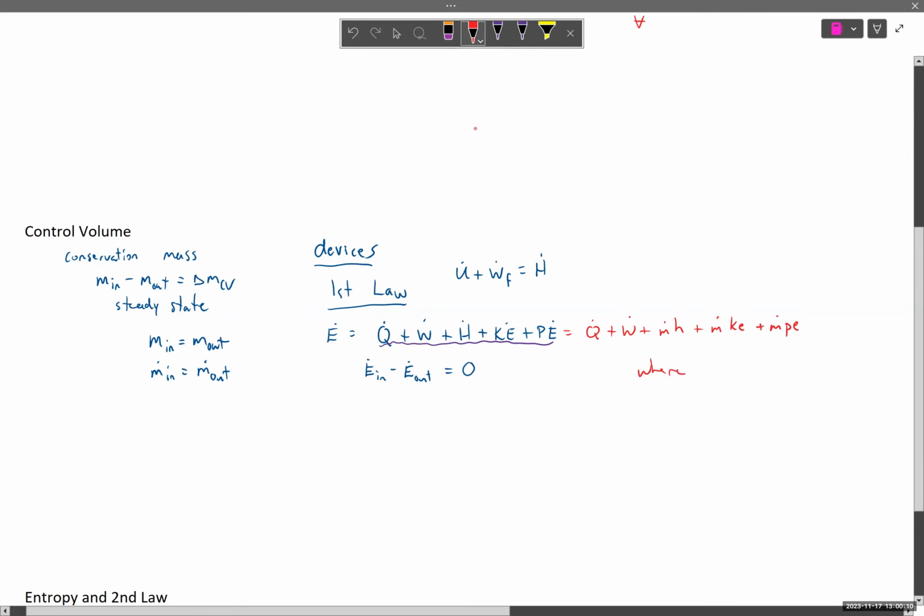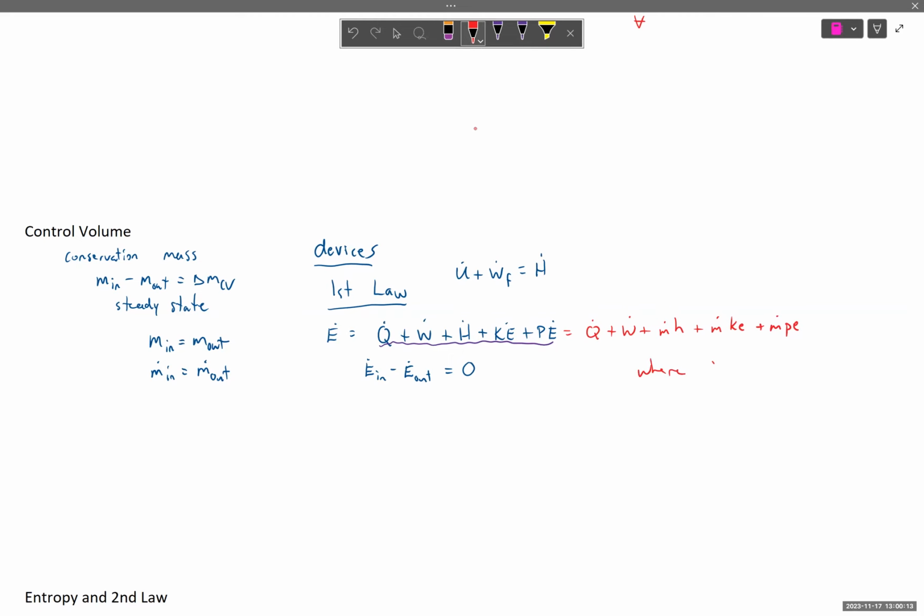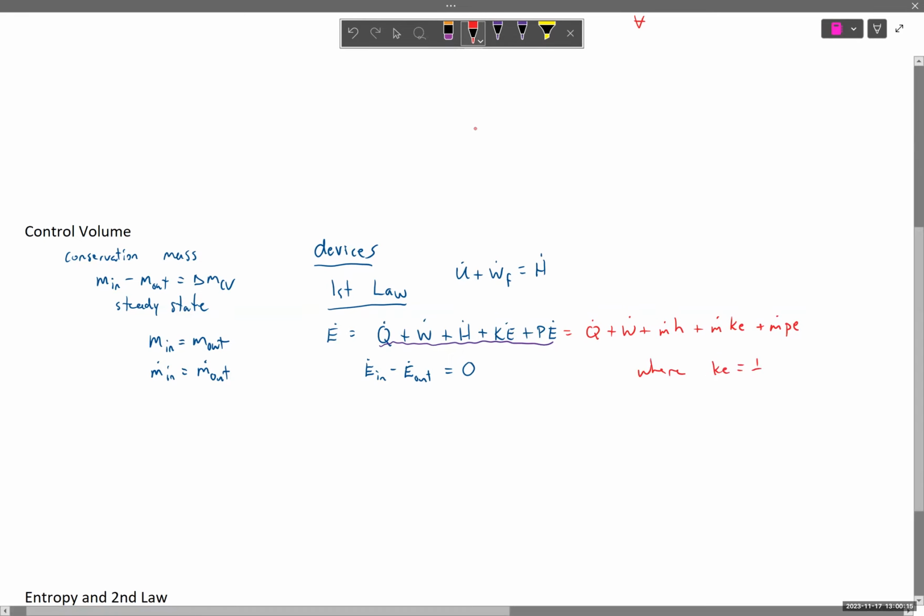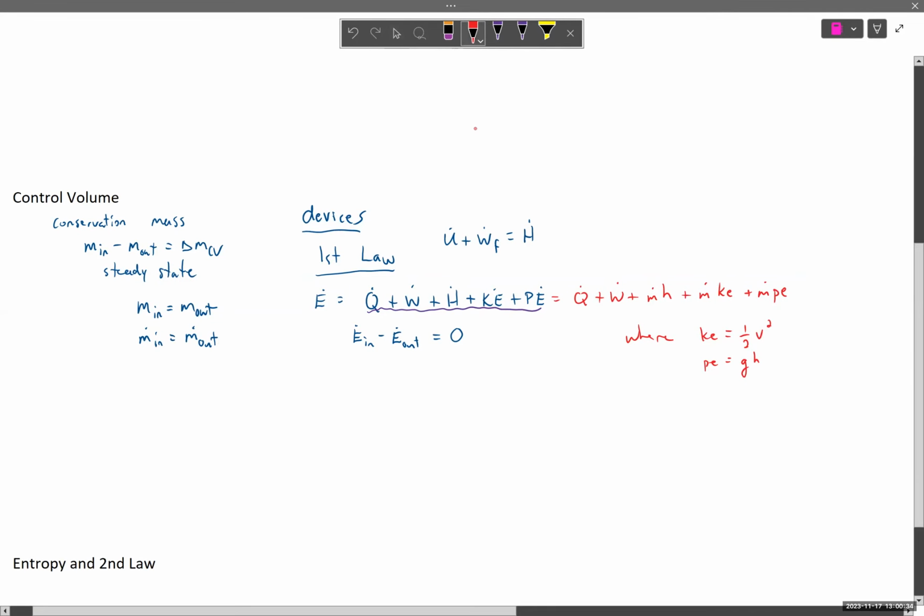So where, let's take the easy ones first. Kinetic energy is 1/2 velocity squared. And potential energy is gh. Just for some things to note, kind of confuses people.